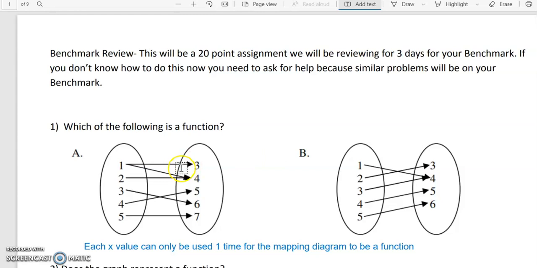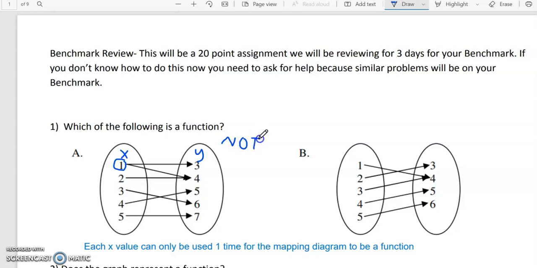Okay? So if I look at A, I see that my x value 1 is paired with, remember this is the x and this is the y, multiple y values, and so A is not going to be a function.